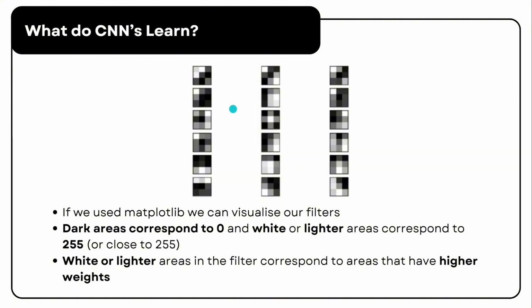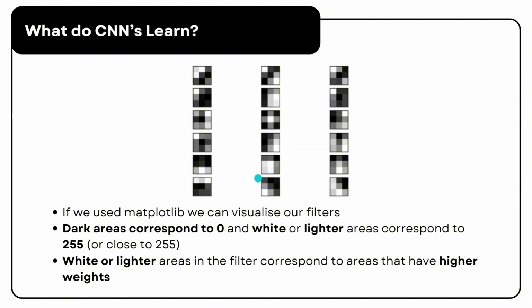For instance, I think this one resembles a plus sign, and others look like diagonal lines or edges. So they are features. These are the features that the CNN has learned to detect from the input images.